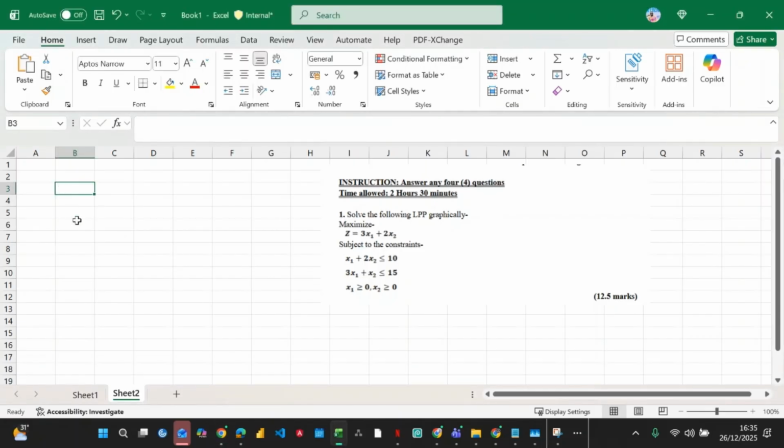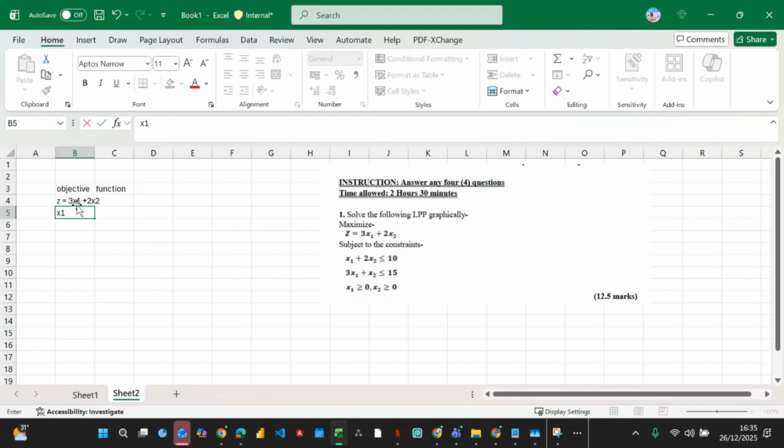So our objective function is this. We'll just use the knowledge that we have here. So we have Z equals 3x1 plus 2x2.